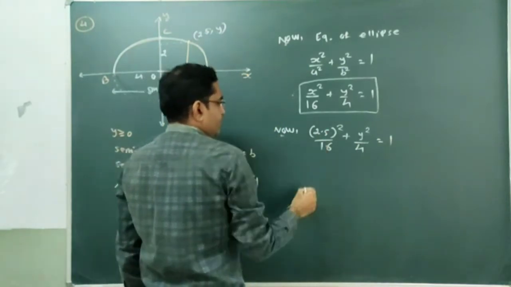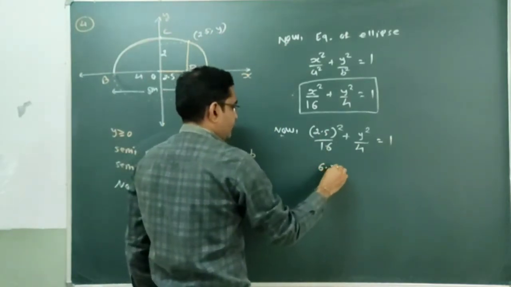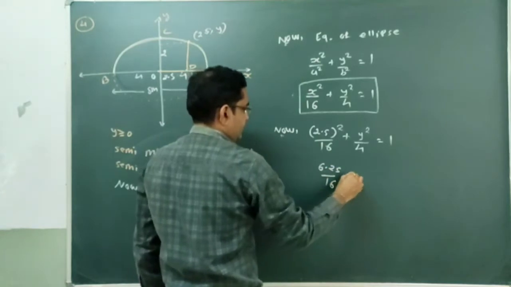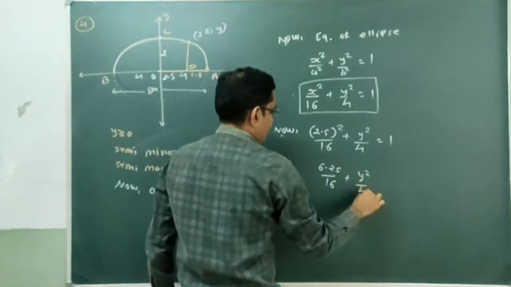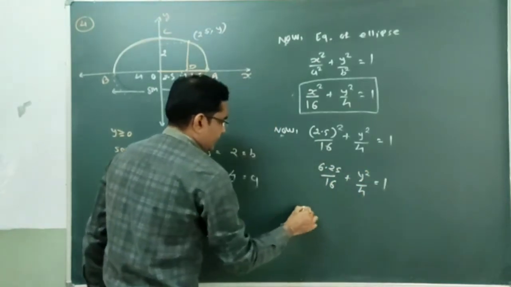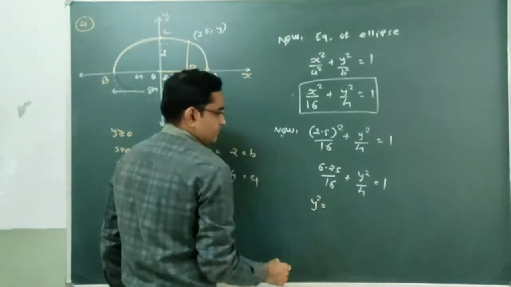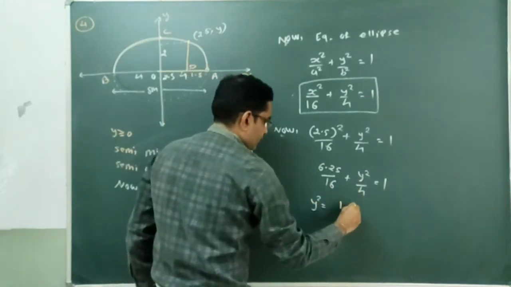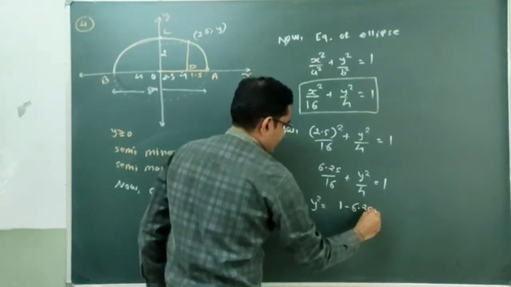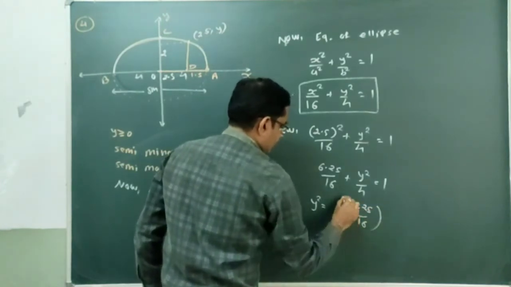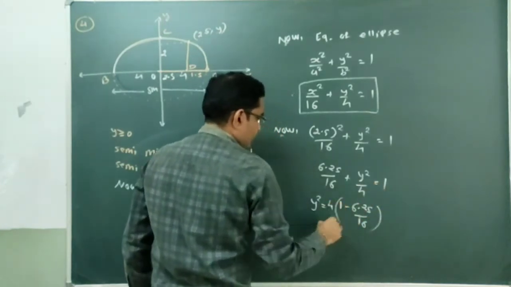Simplify this. 2.5 square, so 6.25 by 16 plus y square by 4 equal to 1. Therefore y square will be 1 minus 6.25 by 16, into this 4 will go into multiplication.